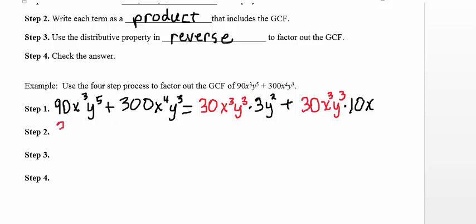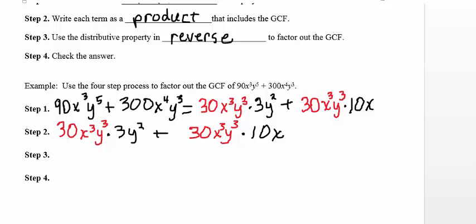So this really is step 2. Step 1 we had done already because we had already found the GCF was 30x cubed y cubed. And in step 2 I was supposed to write each term as a product that includes the GCF. So this is really step 2. Got a little bit ahead of myself here.